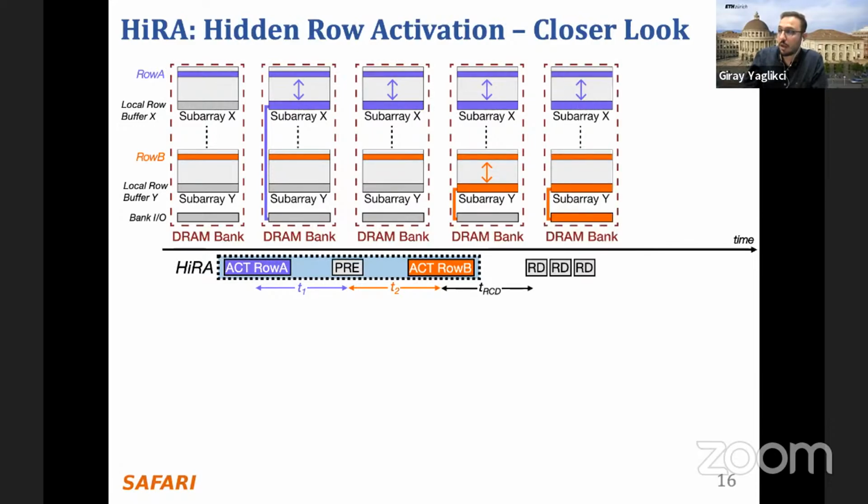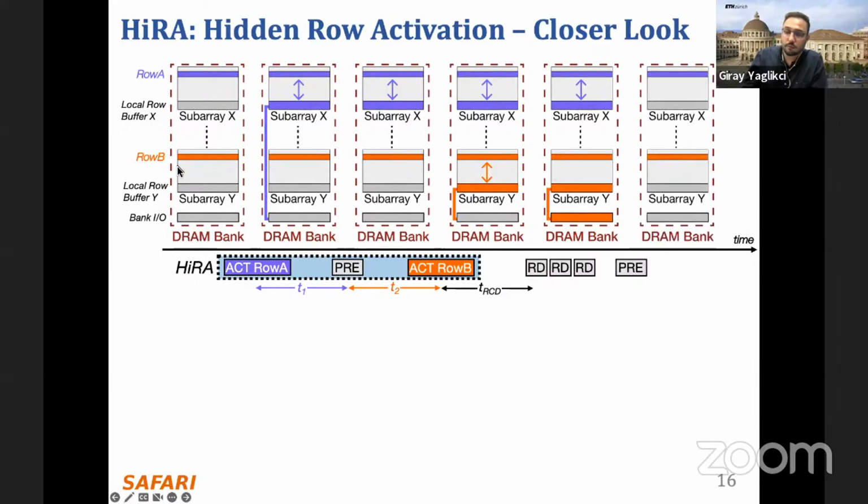Then, once this data is completely connected to the bank I/O, we can perform read operations, let's say, from the bank I/O that contains the data of row B. After a while, we send another precharge command, and this time we don't interrupt it, so that it closes the rows.